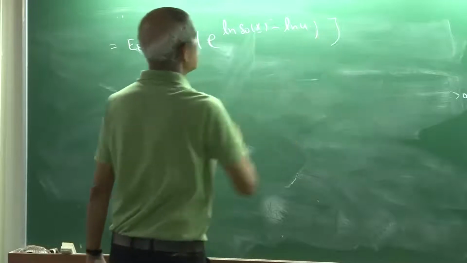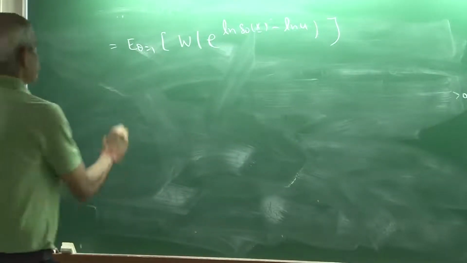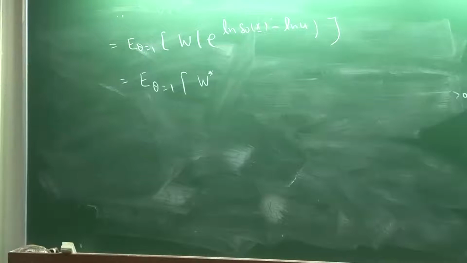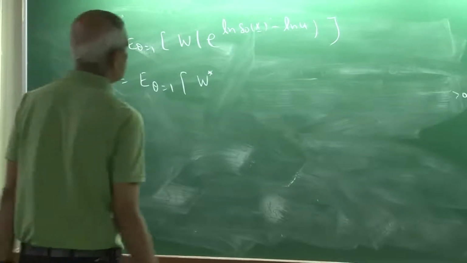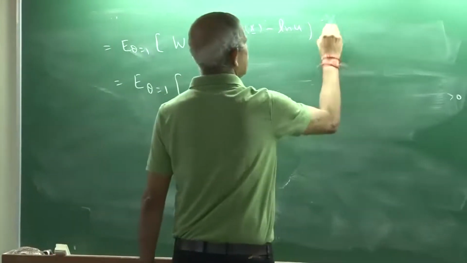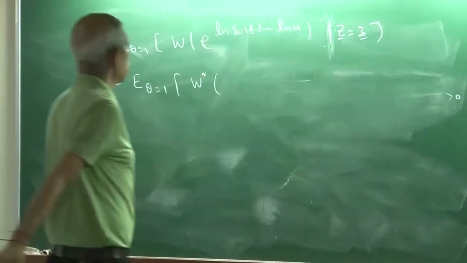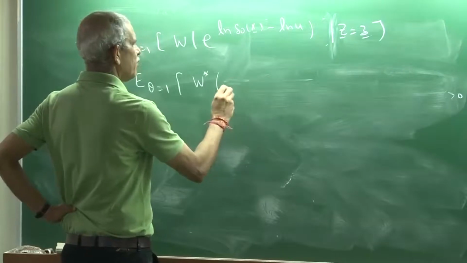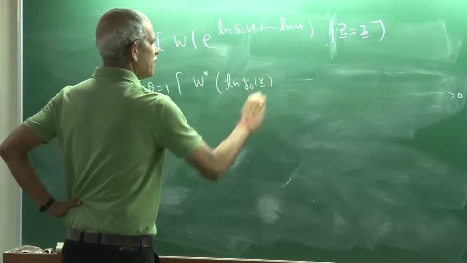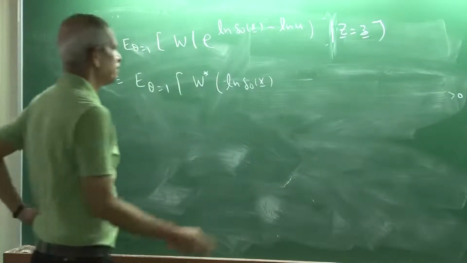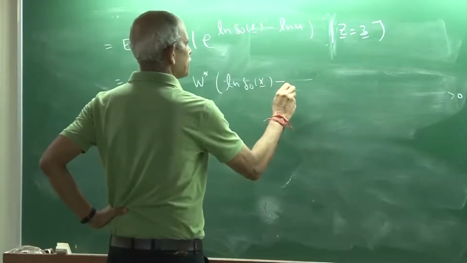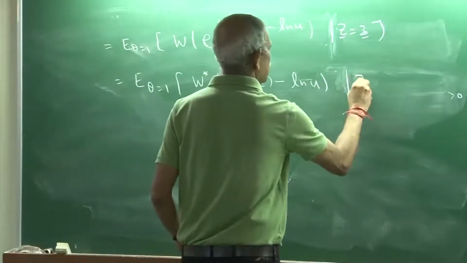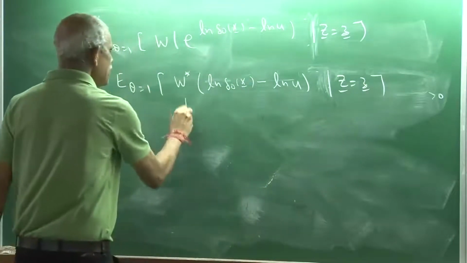All right, what does that become? This becomes E at theta is equal to 1 of W star of e power W star of log of delta naught x minus log u, given Z is equal to Z. What I know is my W star is convex.